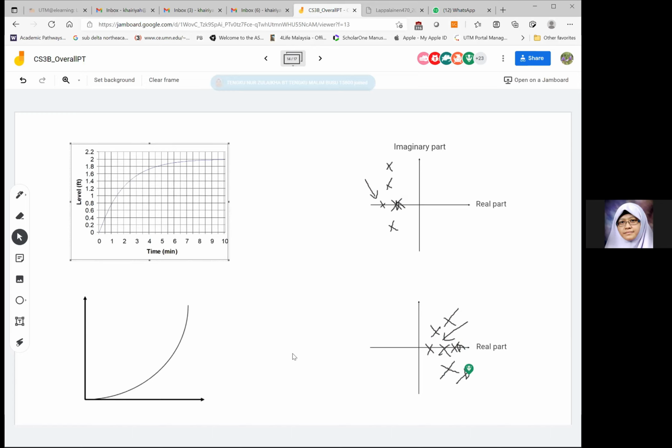Okay, good try. Anybody else? Which one do you think is the answer? Which one is correct? We have correct answers there. Which one is correct?